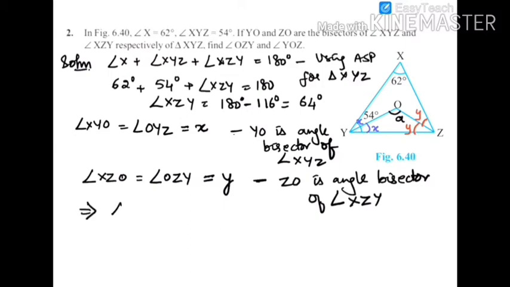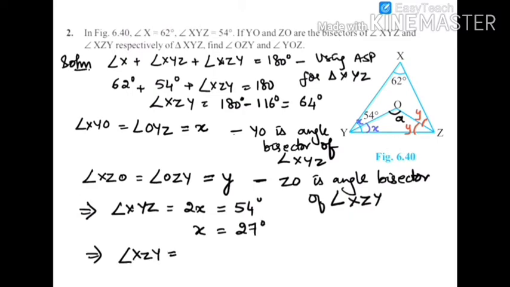So this implies angle XYZ is equal to 2x, and that is equal to 54. So from this we get x equal to 27 degrees. Likewise, angle XZY is equal to 2y, which is equal to 64 degrees. We have found this earlier in these steps. So this implies y is equal to 64 upon 2, that is 32 degrees.